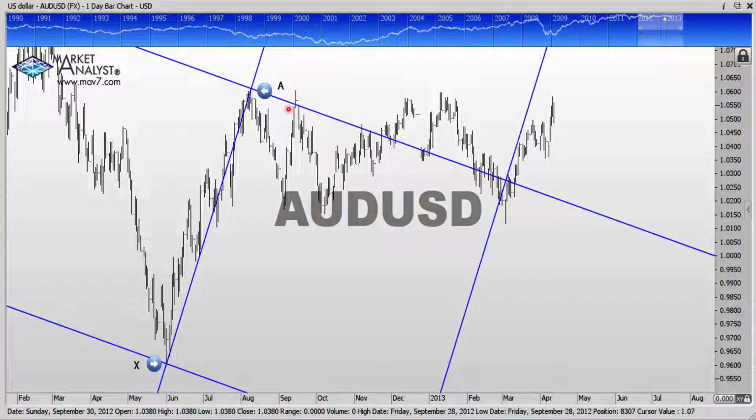Why? Because notice how this diagonal line shows levels of support and resistance. So here's resistance, here's resistance, here's support, here is support, here's a bunch of support and resistance until we get to the intersection here. And this is where the rubber meets the road. This is the beauty of diagonal market geometry.